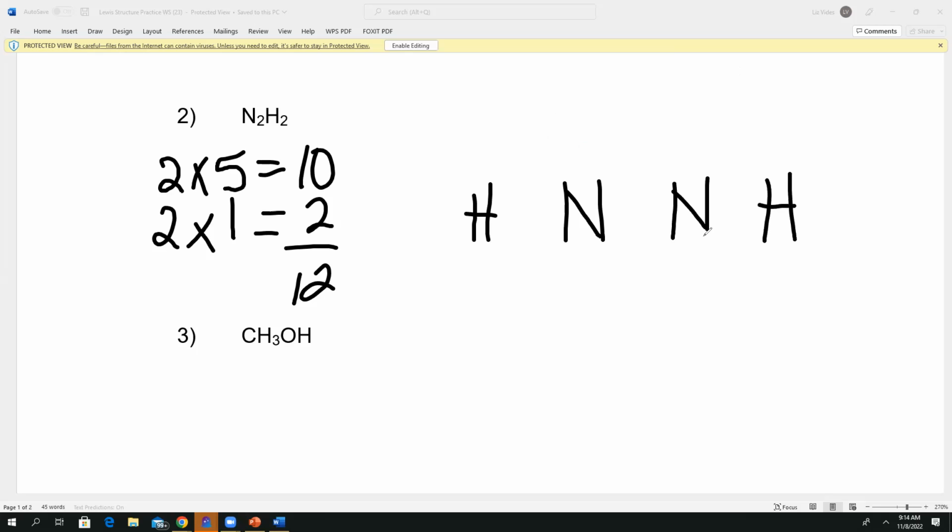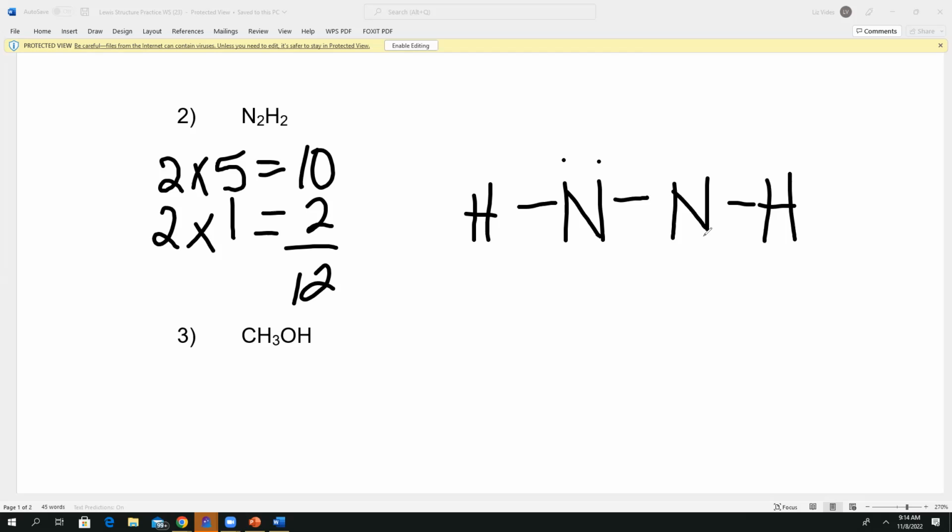All right. We said that the nitrogens are going to be the central atom because hydrogen can never be. So the nitrogen gets a bond, bond, bond. Now, do we have the octet rule fulfilled? No, we don't.